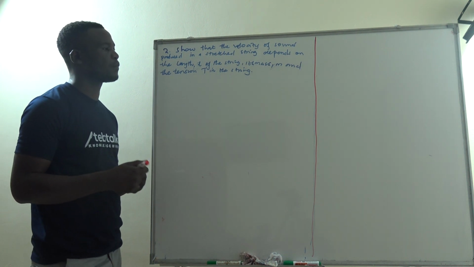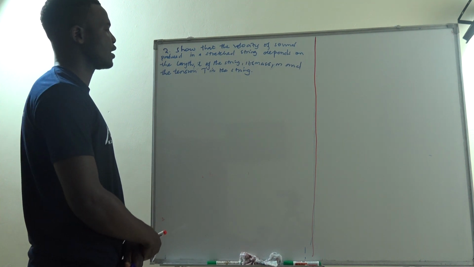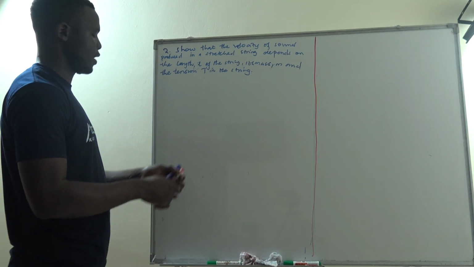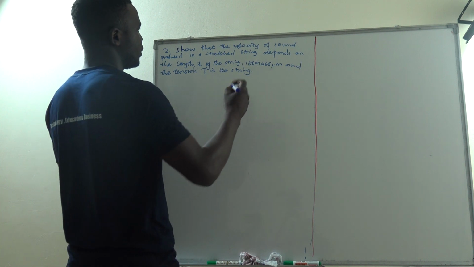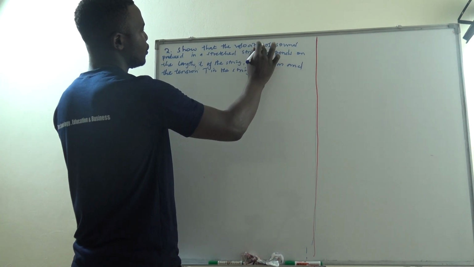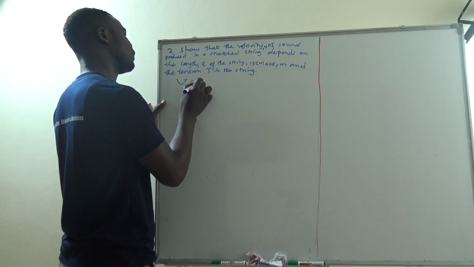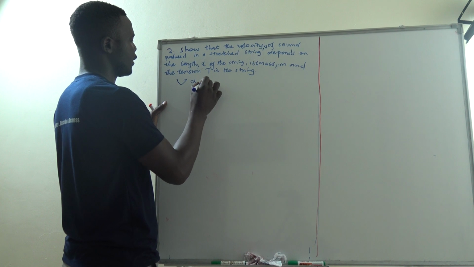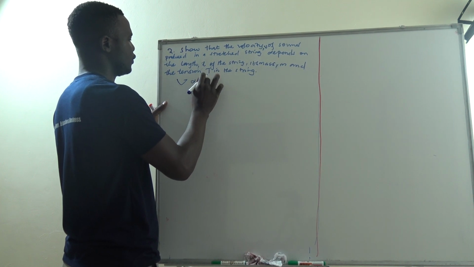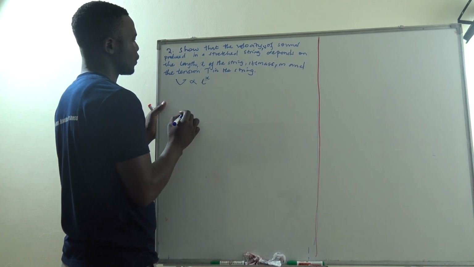dimensionally consistent. Now it's time they are telling us to derive. Now, maybe the velocity of sound here is v. So they are telling us that v depends on the length L to a power we do not know.